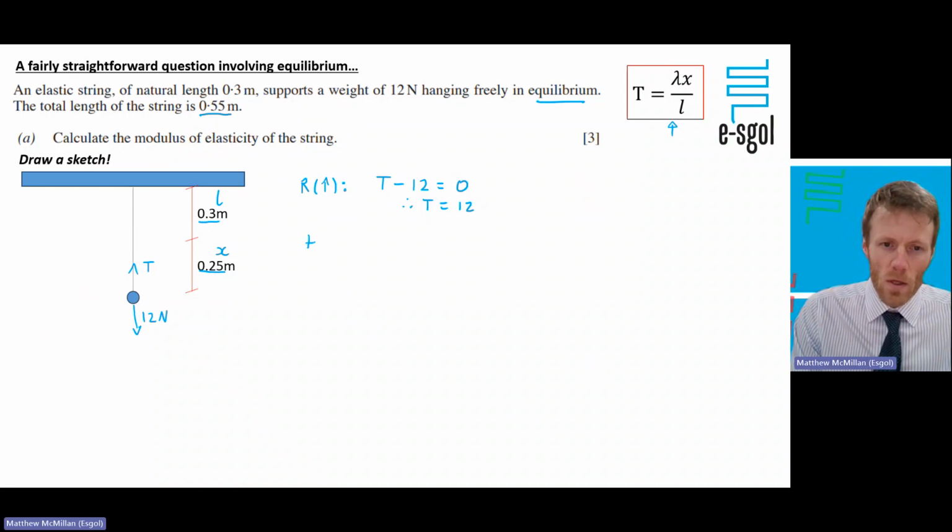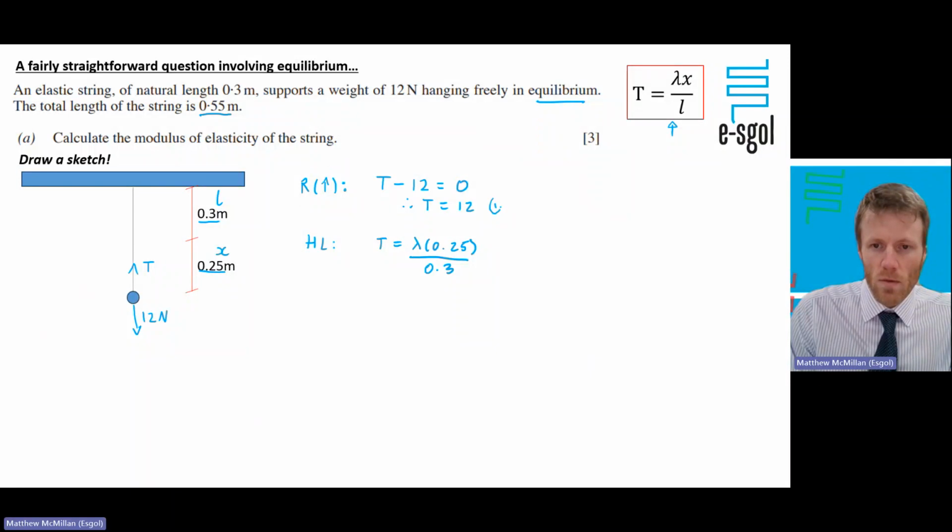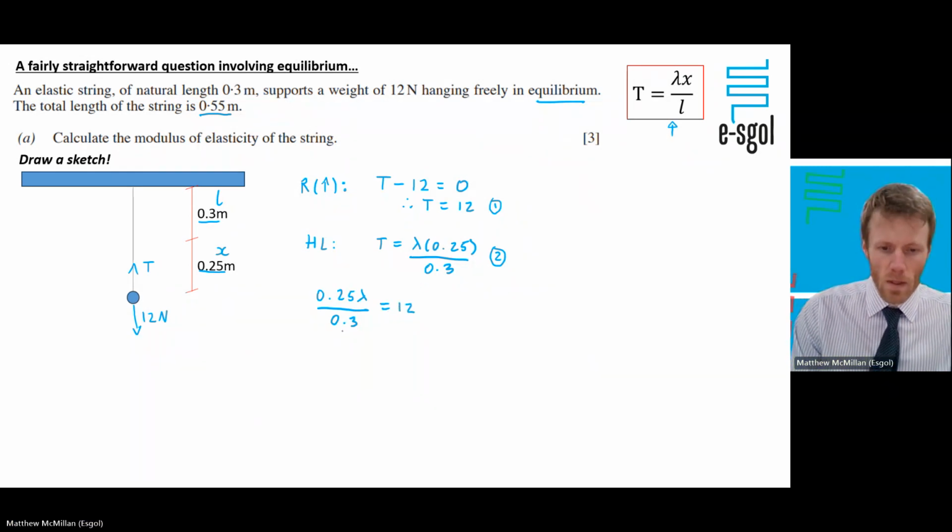Then we apply Hooke's law. So Hooke's law says that T equals lambda times 0.25 over L, the natural length, which is 0.3. Then we have two equations, one here and one here, and we're going to substitute one into the other. So 0.25 lambda divided by 0.3 equals 12.